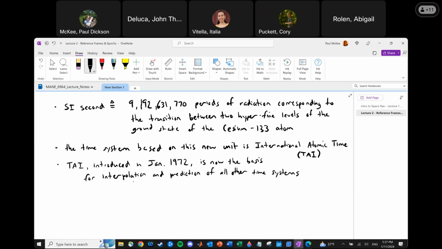Now, the implication here is that you don't need TAI to get to the moon because this happened after the moon landing. But it's definitely very, very useful for our modern applications. And we will see, especially when we get to GPS measurements and stuff like that, that nanoseconds do truly matter. And that's something that we're going to want to keep track of.